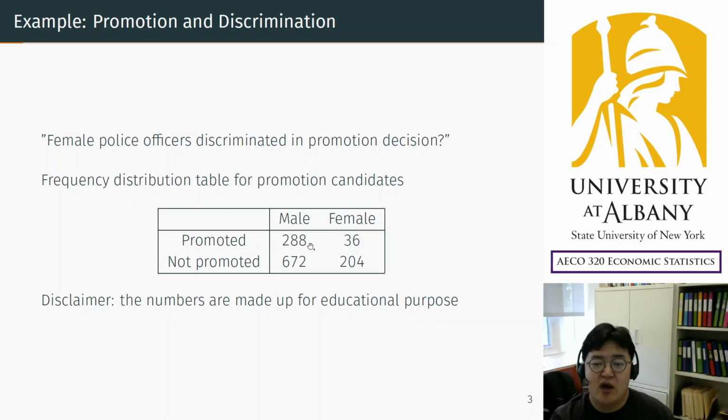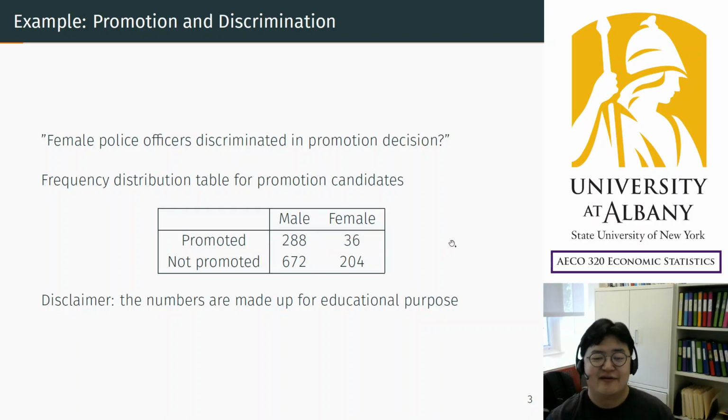The numbers are the count for each type. So that means 288 police officers observed are male and promoted. Like that, you know how to read this.